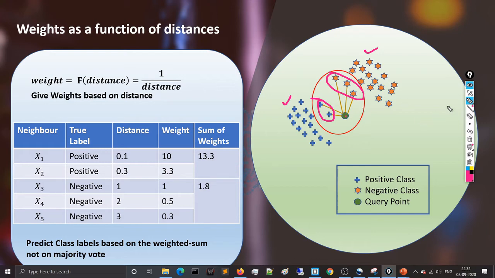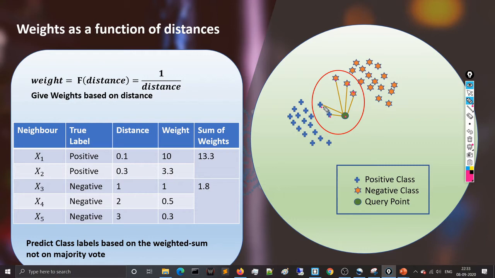But just visually try to think about it, and logically try to think that this query point is very much close to this positive point and also this positive point, rather than these three negative points, right? So logically it should be positive class, right? Because anyway we have taken the 5 nearest neighbors and as a majority vote we got negative class.